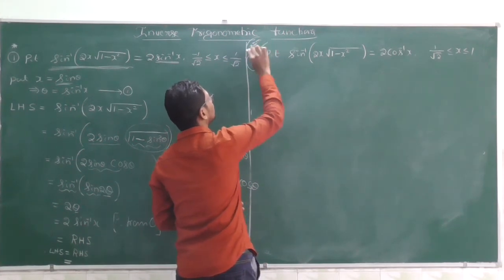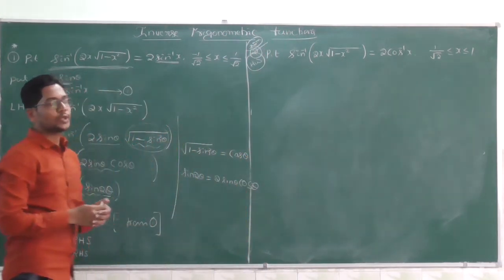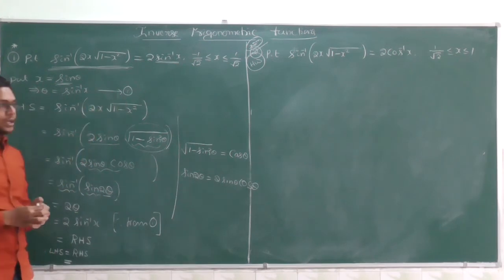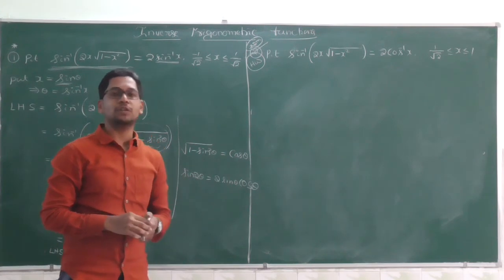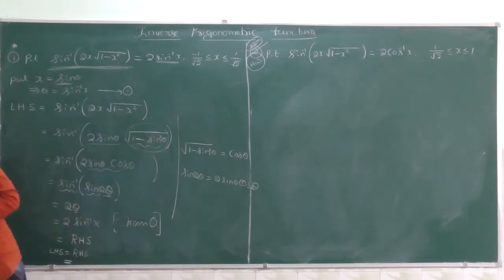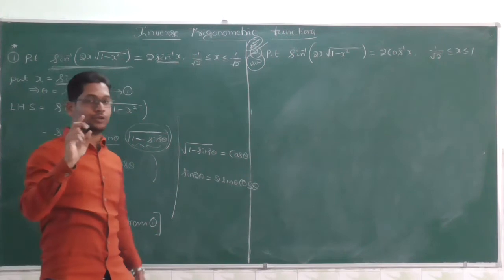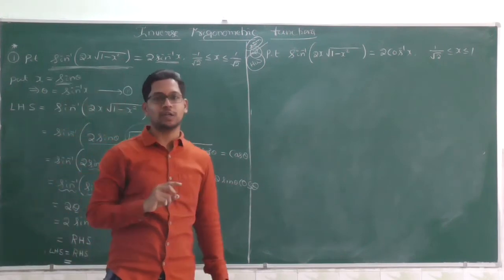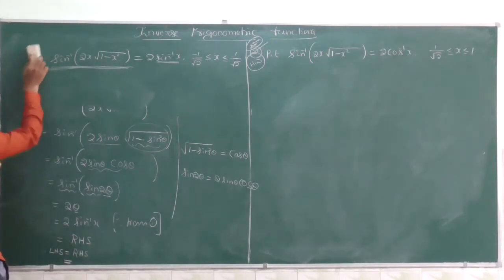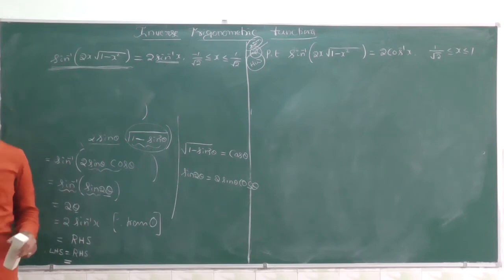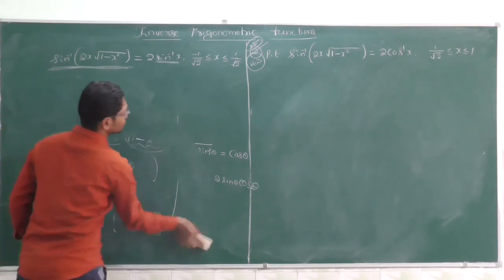Kindly mark it. In these two problems, maybe there will be one more question also. These problems are important for 2 marks as well as 1 mark. If he asks for 2 marks, prove it.